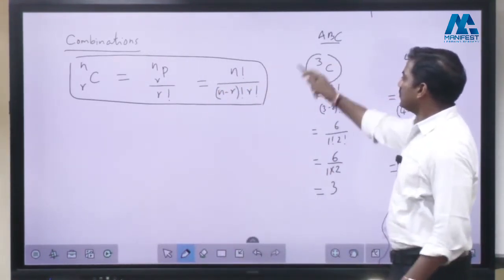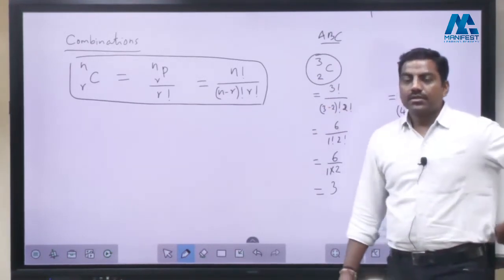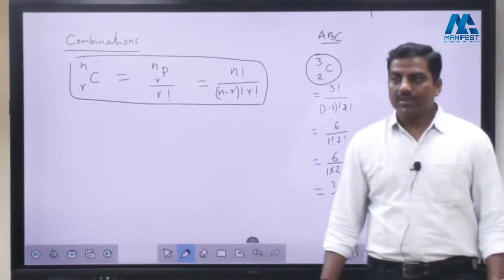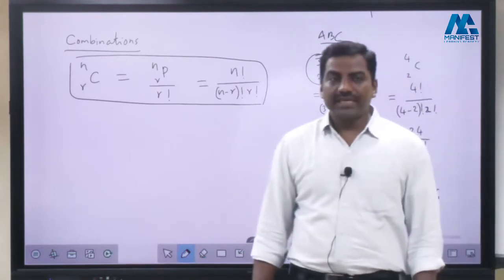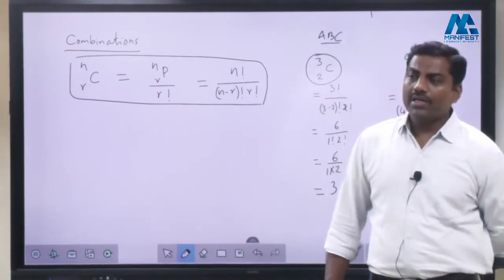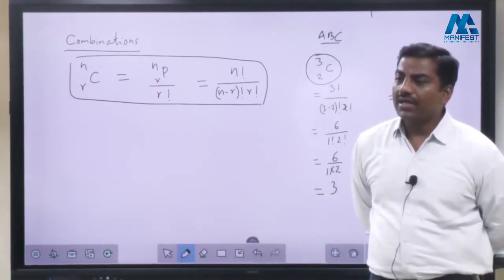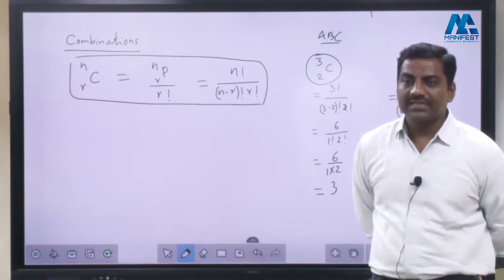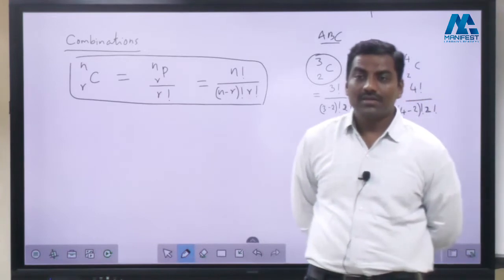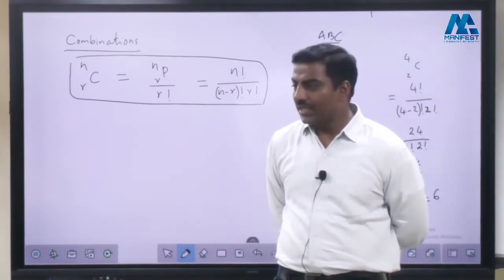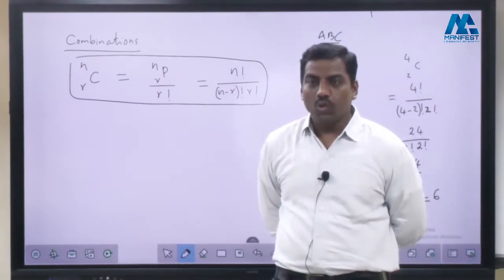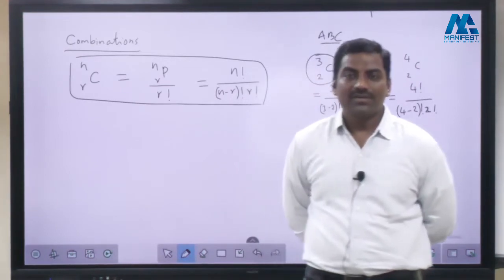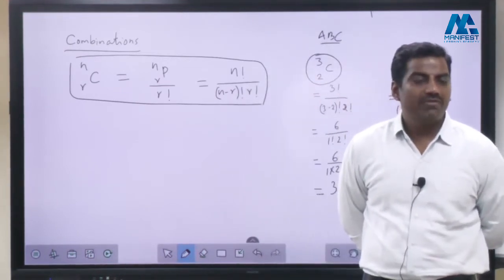Here, we had to select 2 out of 3. There were 3 people. We had to select 2. What if I reject one person? Rather than selecting 2, can I reject 1? Out of ABC, I have to select 2. Rather than picking 2, can I reject 1? So in how many ways can I reject?